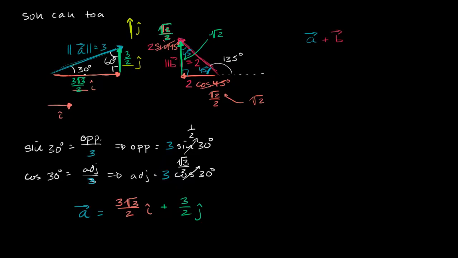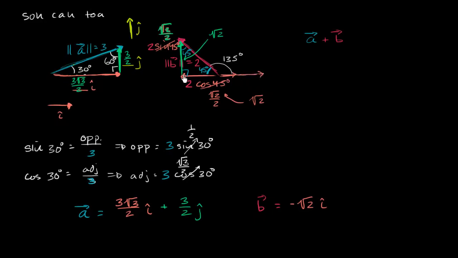Similarly, vector B is equal to the length of the horizontal component. And we've got to be very careful. Its length is square root of 2, but it's going in the leftward direction. So we're going to put a negative on it, times i. If it was just positive, square root of 2 times i would look like that.